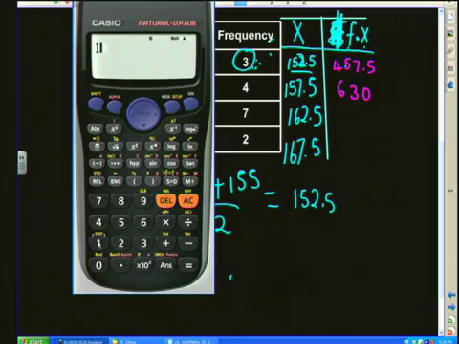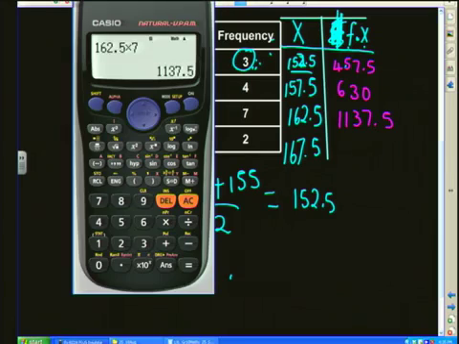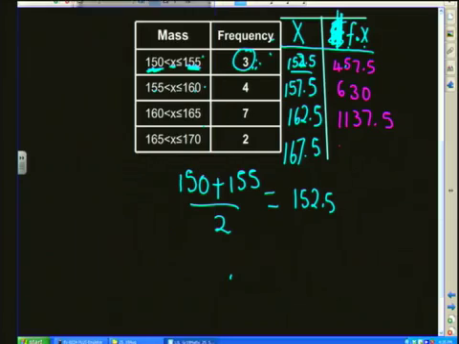Okay, and then we've got 162.5 times 7, which gives us 1,137.5. And lastly, 167.5 times 2. So 335.